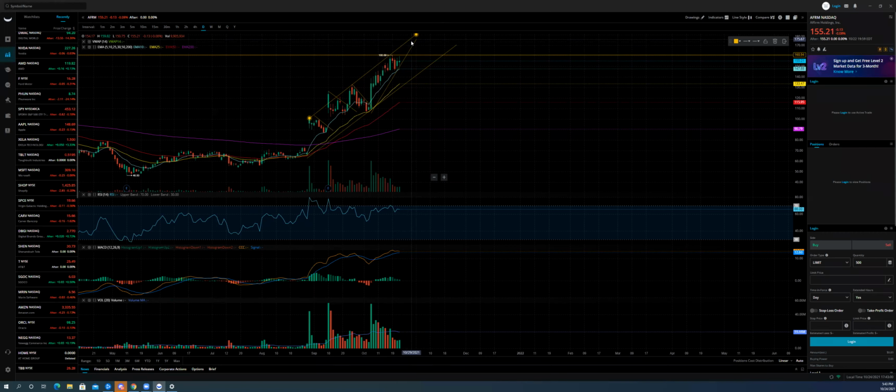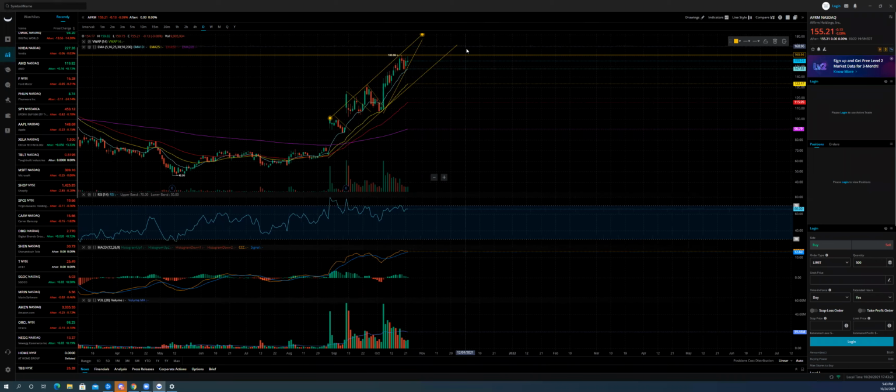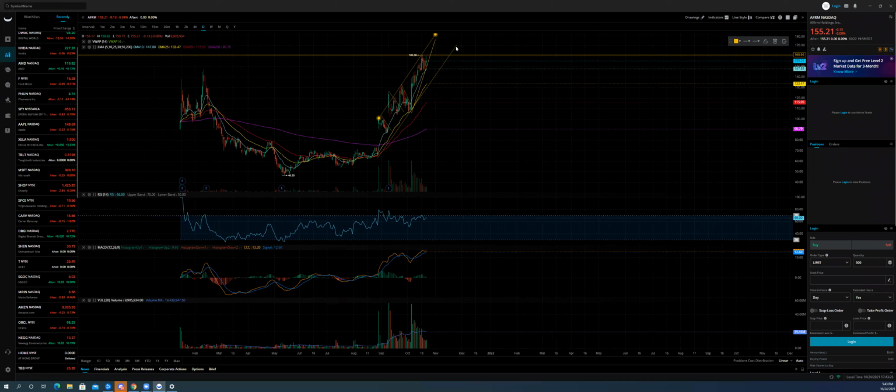This is where it should reject. So it has room to stay in here and then push up to at least 175 max, right? Before it starts to reject, and then it'll come back down. And then this 160.69 is going to act as the next support, and it's going to trade sideways, hopefully to the right, and stay inside of this channel and then push higher. So that's how you want to trade this and watch it for a while.